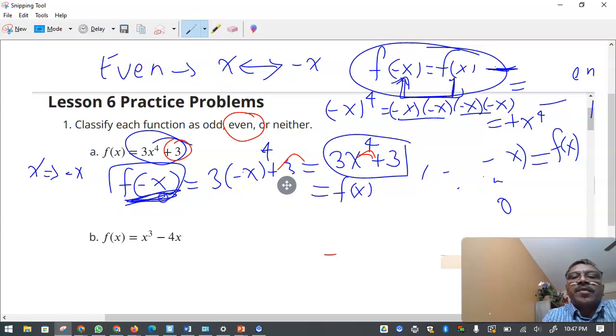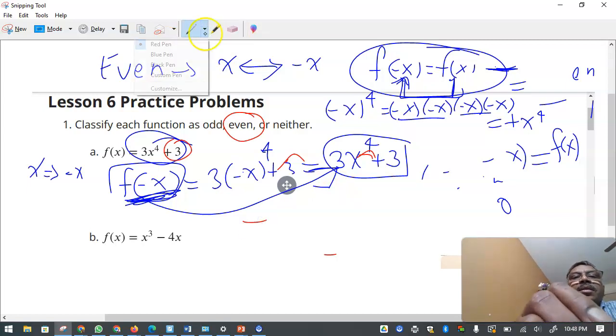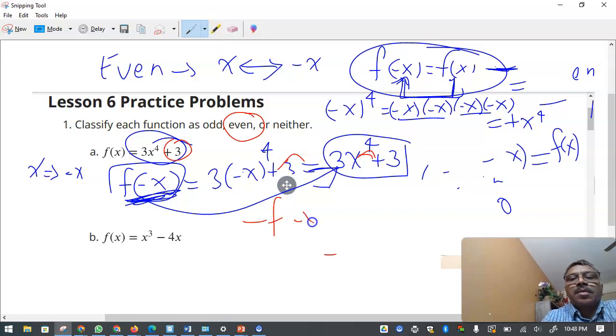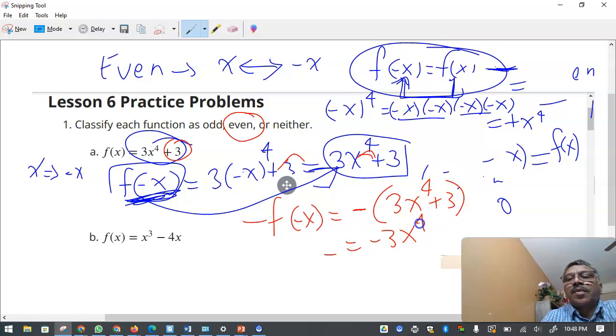We got f of x here, and if I take a minus of that, that will give you minus of this whole thing, minus of 3x raised to 4 plus 3. That will be minus 3x raised to 4 minus 3. And this is not f of x.